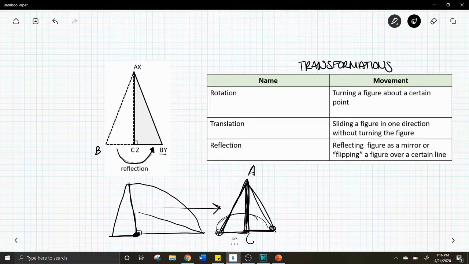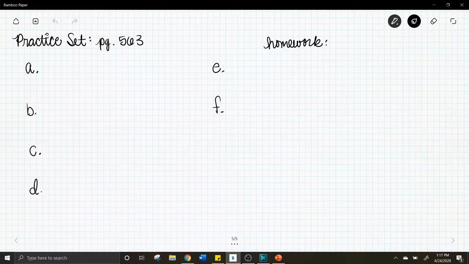The activity on page 562 shows you taking scissors, pencils, paper, and actually cutting out these triangles and moving them around to do those 3 different sorts of transformations. So, because we can't do that, we're just going to look at the figures and imagine what transformation took place. So that would be on page 563.